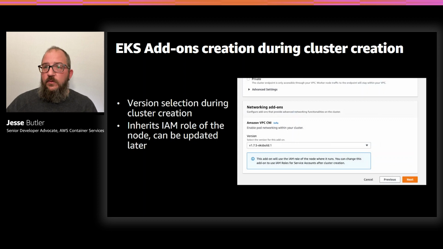So when you're in the cluster creation panel in the console, you can simply select which version to install for the add-on or to enable at cluster creation. It's important to note here that because the cluster doesn't yet exist, by default, this add-on will inherit the node role, but later on you can update it and use an IAM role specific to the add-on.